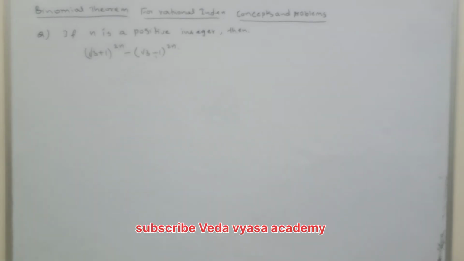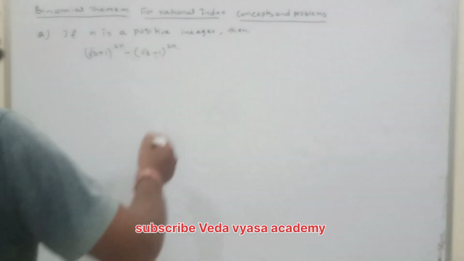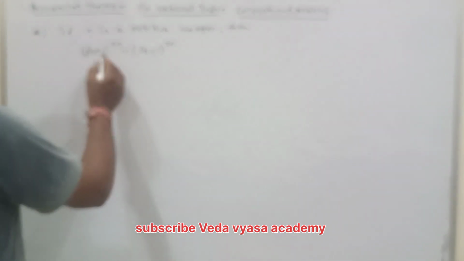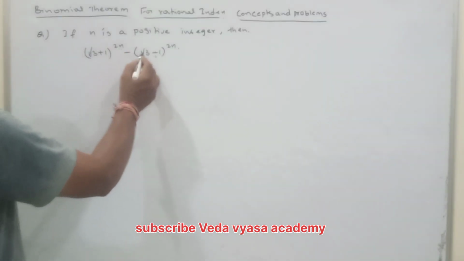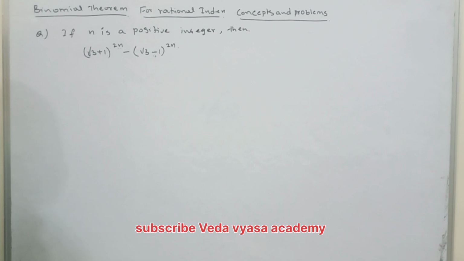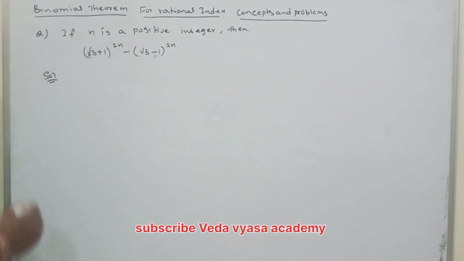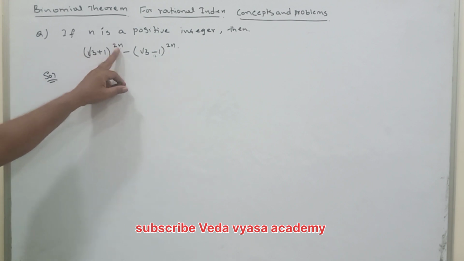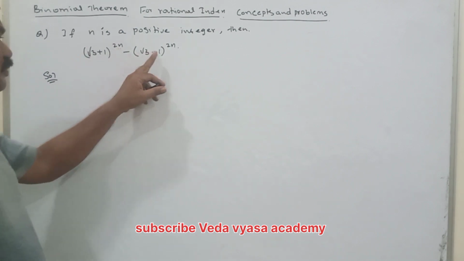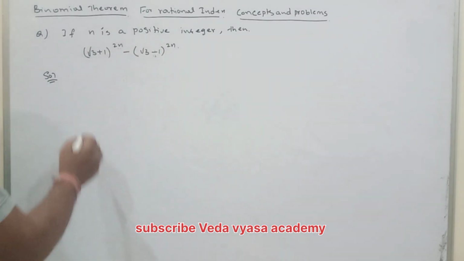Here we have the problem. If n is a positive integer, then root 3 plus 1 whole power 2n minus root 3 minus 1 whole power 2n.